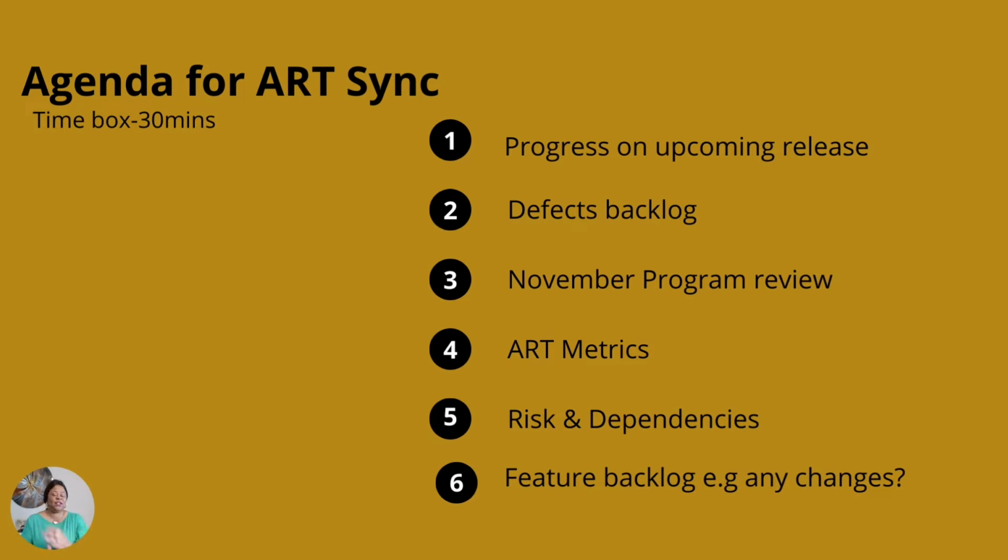In my organization, we do a program review every month. We also have the sprint review at the end of every sprint, and the systems demo at the end of the PI. So it all depends. If my program review is close, during my AdSync I will add it to my agenda.